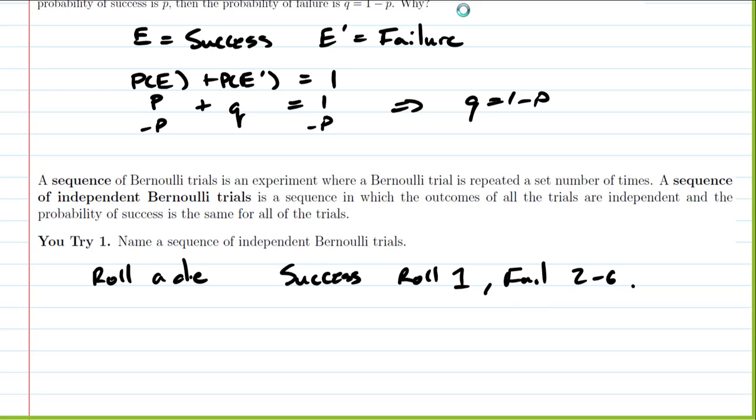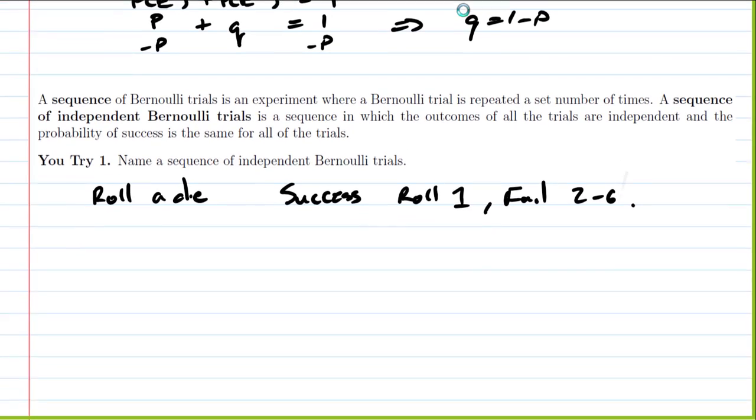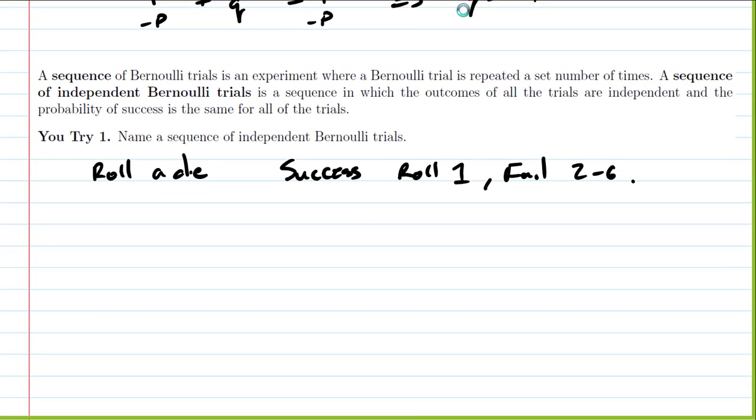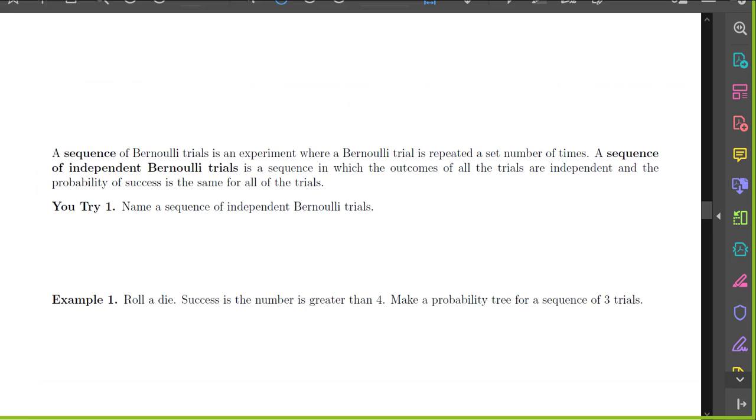So we could do all sorts of things. You could draw a card out of a well-shuffled deck of 52 cards and define drawing a 6 as a success and everything else as a failure, right? And all of those would be Bernoulli trials. And as long as you keep putting the 6s back in and shuffling, they would also be independent.